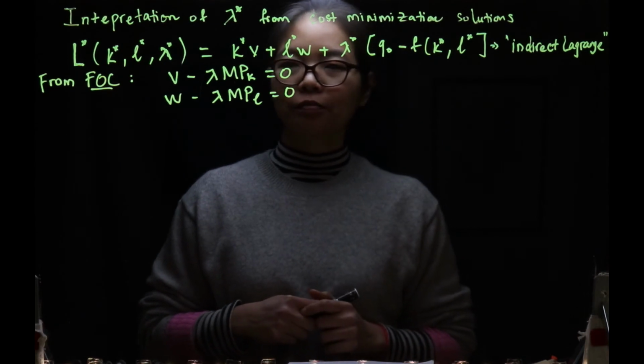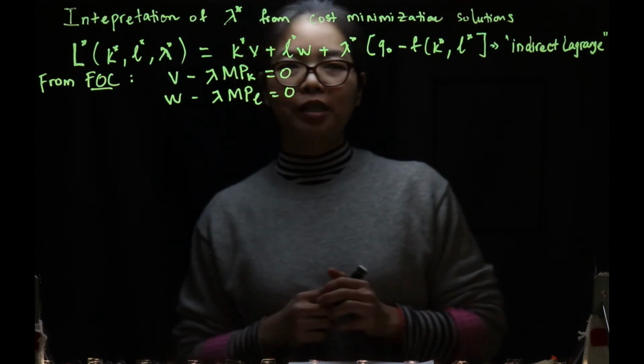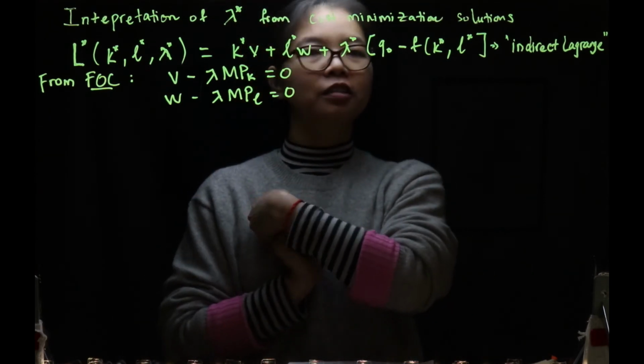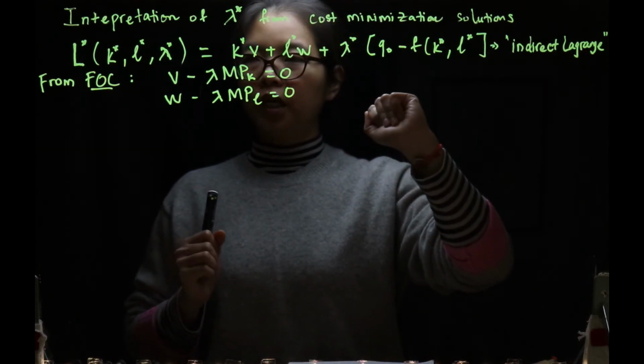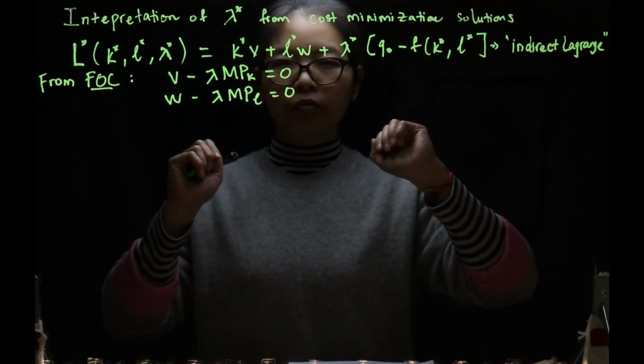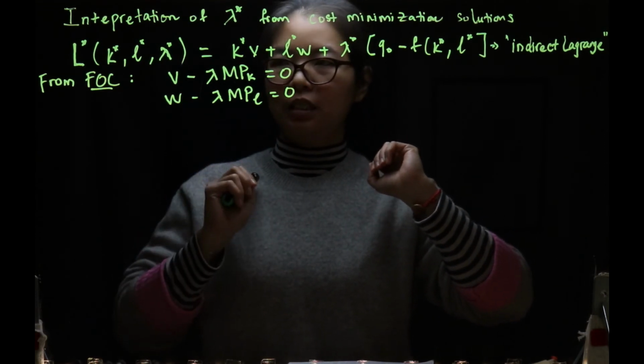Okay, so now I show you how to interpret the lambda from the cost minimization solution. This is what we have met also before when we did utility maximization and expenditure minimization.